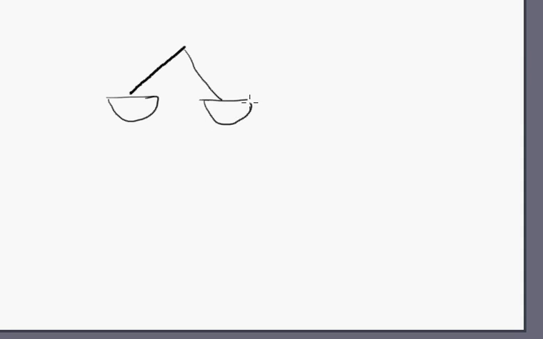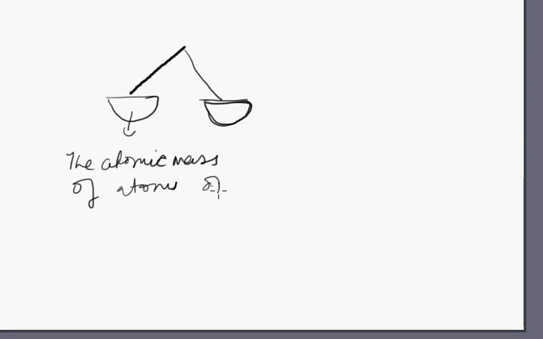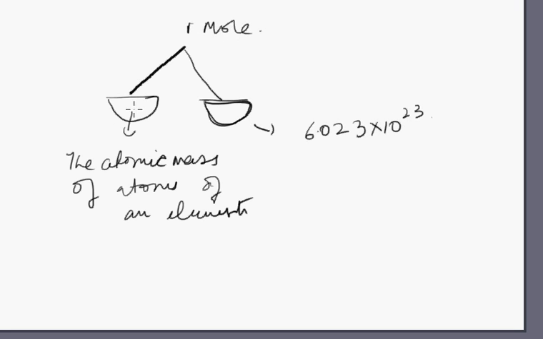Here we have the atomic mass of atoms of an element or any substance, and here is 6.023 into 10 to the power 23, that is 1 mole. 1 mole is also equal to this much of atoms, or you can say molecules or any other particles.